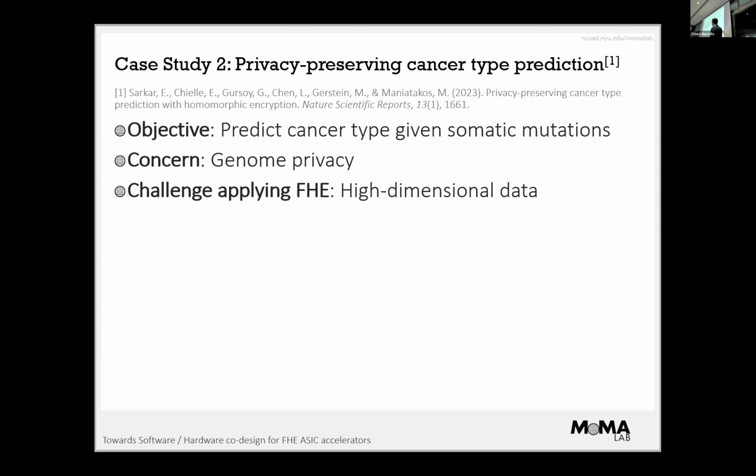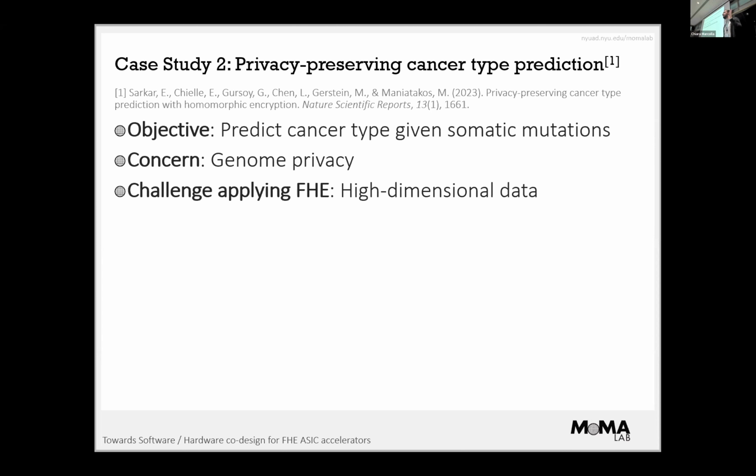And again, the problem is privacy. You still want the doctor to tell you, be careful, this is coming to you, but you cannot share your genomic data. Here, the problem is different than before because we have really high-dimensional data. First of all, there are many classes of cancer you can possibly have.